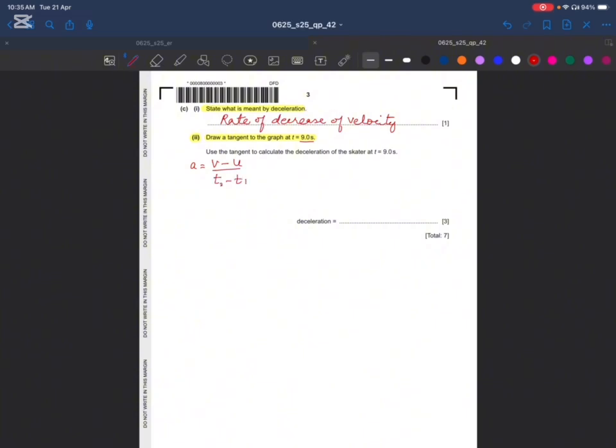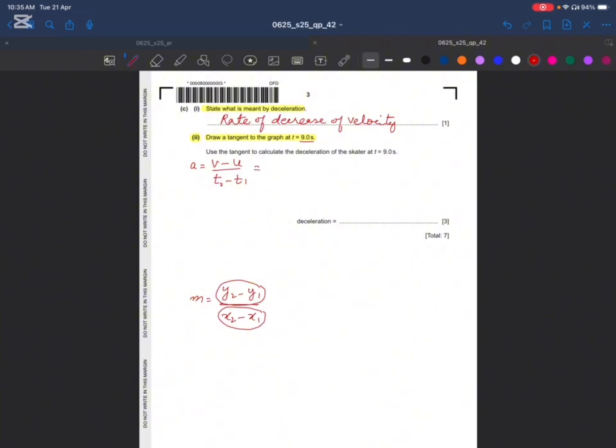And basically, again, as I said, it is nothing but the gradient. M is equal to Y2 minus Y1 divided by X2 minus X1. Over here, you have velocity as the numerator and the time as the denominator. So we have taken these values.